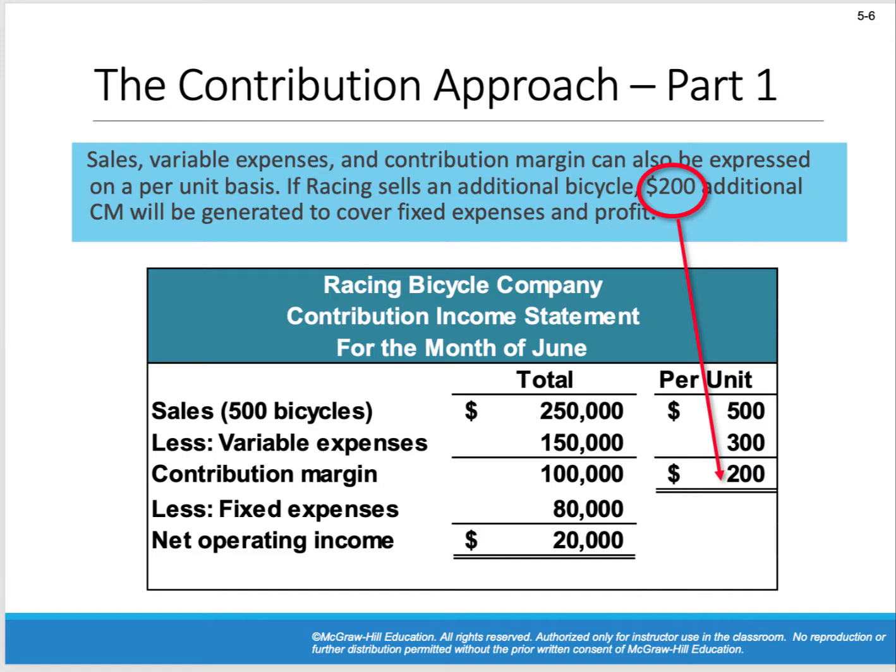So what this means, or how we can interpret this, is by looking at that contribution margin, that $200, we can say that, hey, for every additional bike or bicycle that RBC sells, $200 in contribution margin will help cover fixed expenses and provide a profit. Okay?